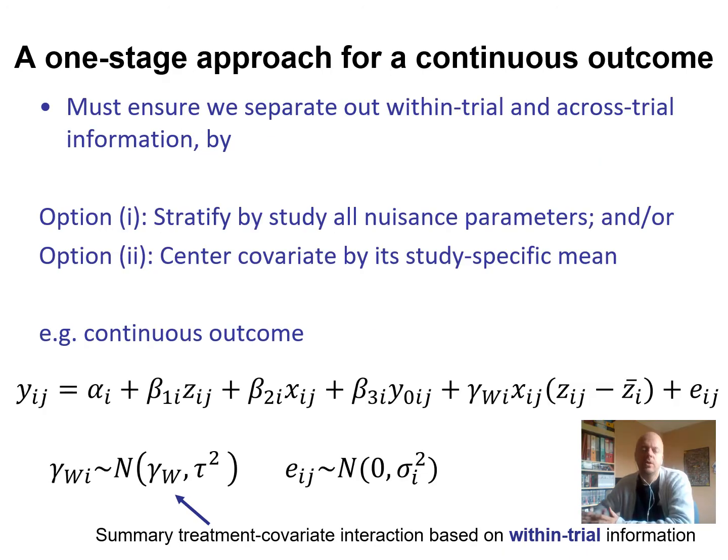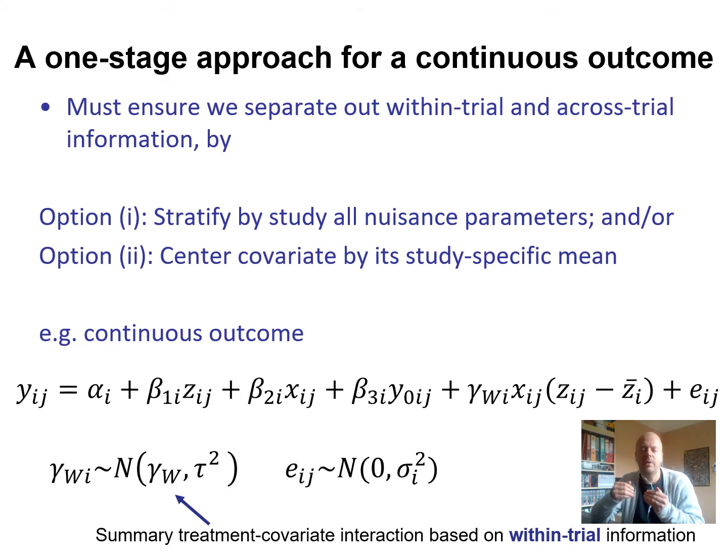So moving across to the one-stage approach, how do we also make sure that we only estimate interactions using within-trial information? Well, unfortunately, most people don't think about this, and so what they do is they put an interaction term in their one-stage model. But that isn't sufficient, because it can bring in both within-trial and across-trial information. Because don't forget, in a one-stage model, you've got two variance terms.